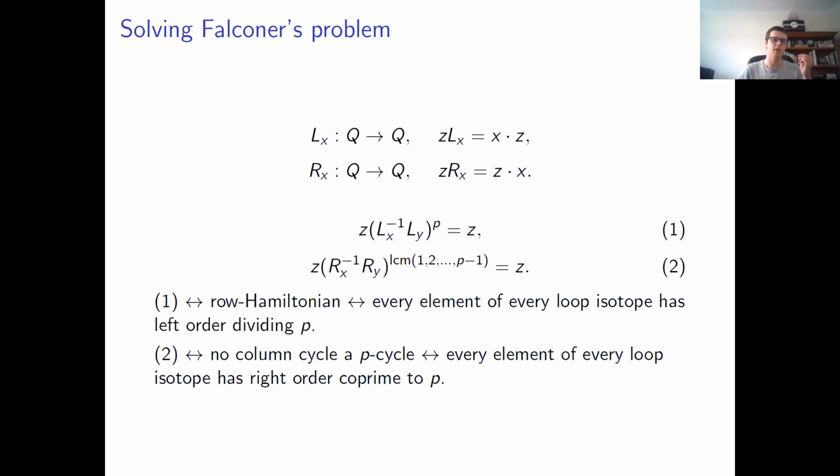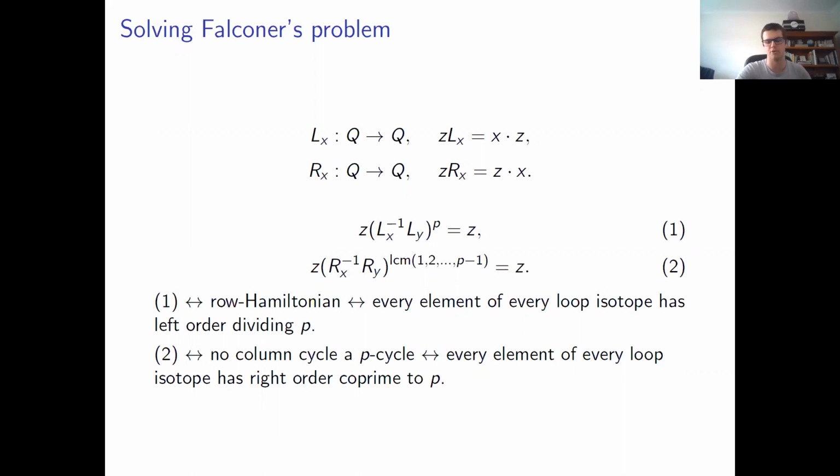So if a non-trivial group satisfied both of these identities, then the first one tells us that the order of every non-trivial element is P, and the second tells us that the order of every non-trivial element is coprime to P, which is obviously a contradiction. So we know that the only group which satisfies both of these identities is the trivial group. So the variety defined by these identities is also anti-associative, and it just remains to show that it's non-trivial.